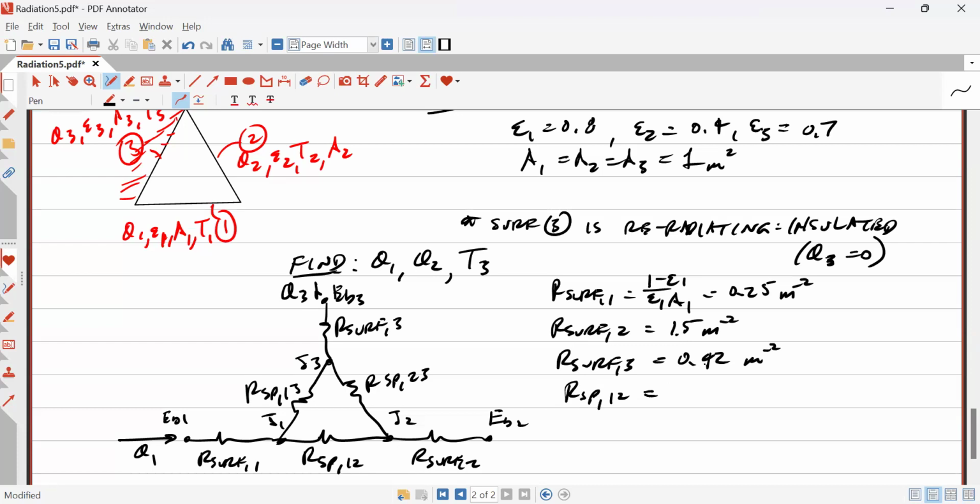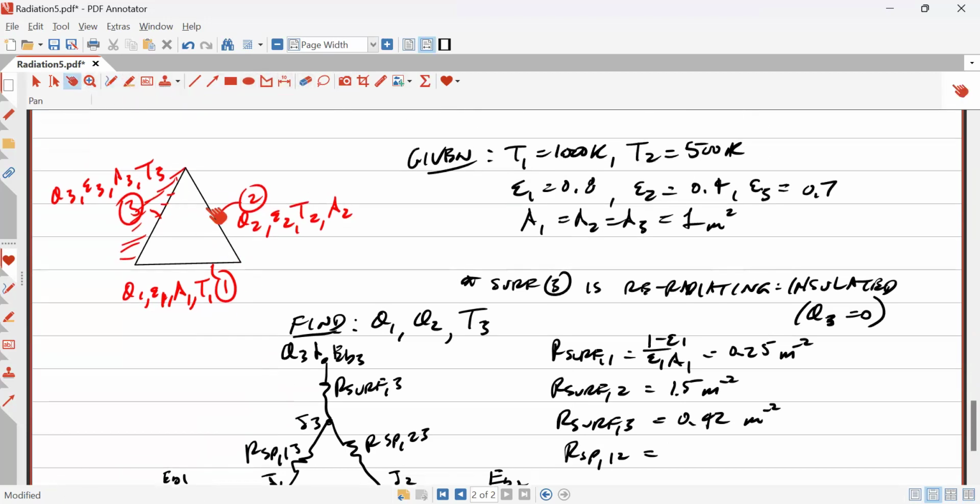Our spatial 1, 2, before that we need the view factors. So if we back up, this is an equilateral triangle. So just by observation, we know that, for example, the view factor F11, the view factor F22, and the view factor F33 are all equal to 0, right?